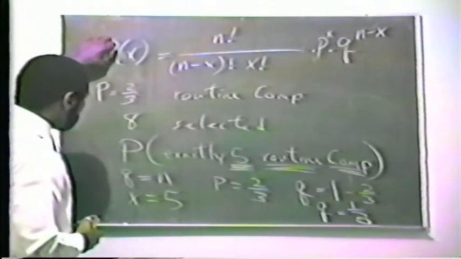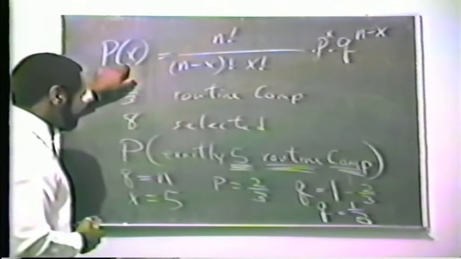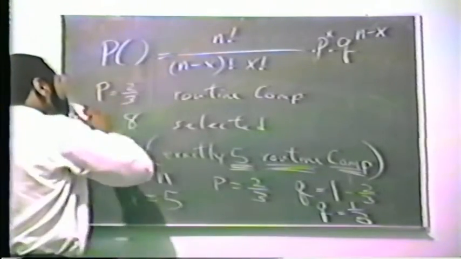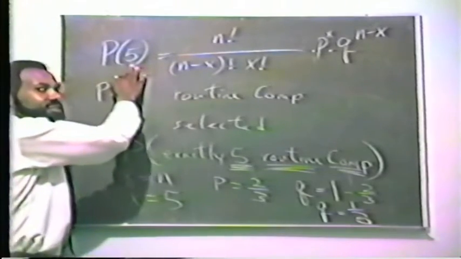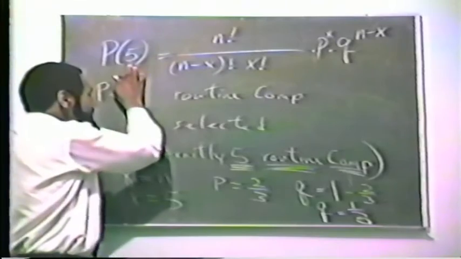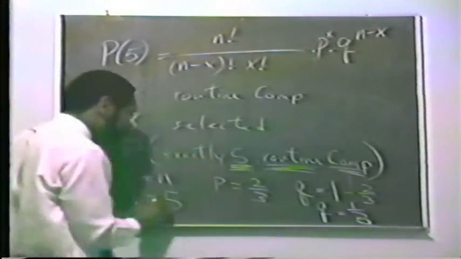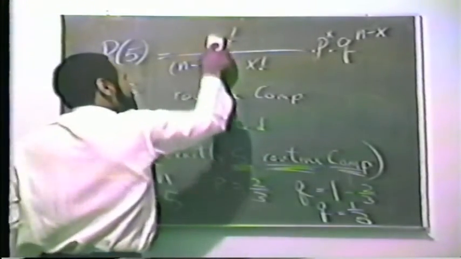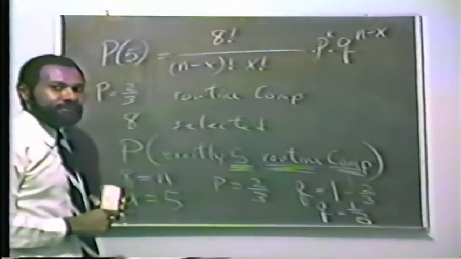We were talking about the probability of 5 successes in 8 trials, so the x here would be 5. The probability of 5 successes in 8 trials equals n factorial. We found out that n was equal to 8, the number of trials or the sample size, so we can substitute an 8 there for n.